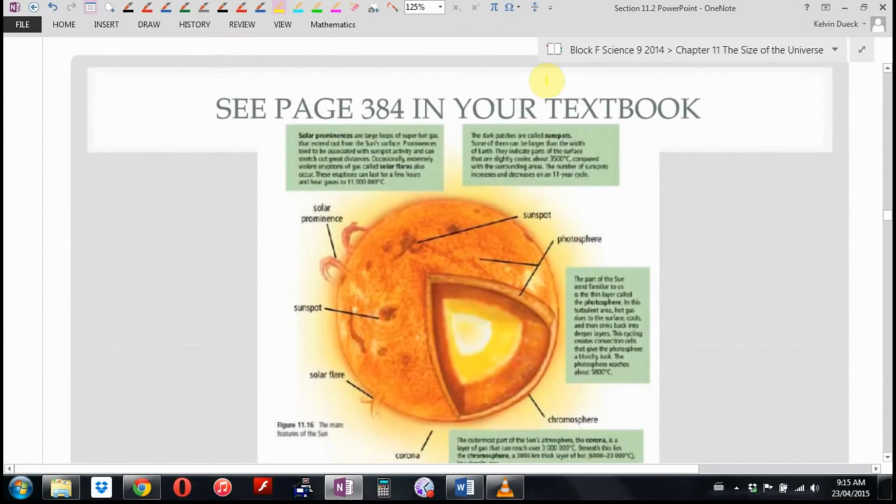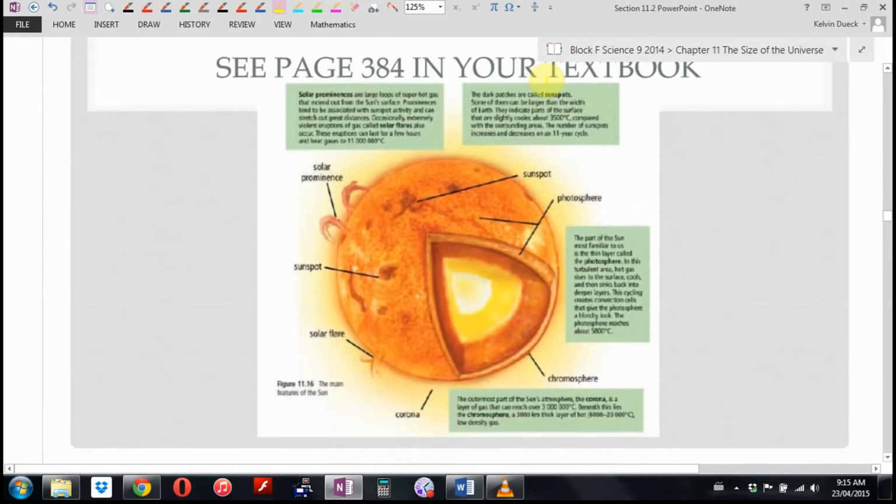On page 384 in your textbook, if you have your textbook handy, you want to turn to page 384, because when I copied it, it became pretty blurry. These are the parts, page 384. Nicole, open your textbooks, page 384, please, kiddo.